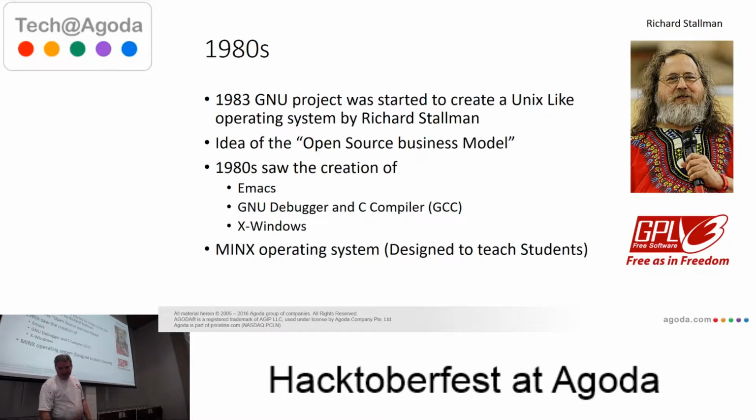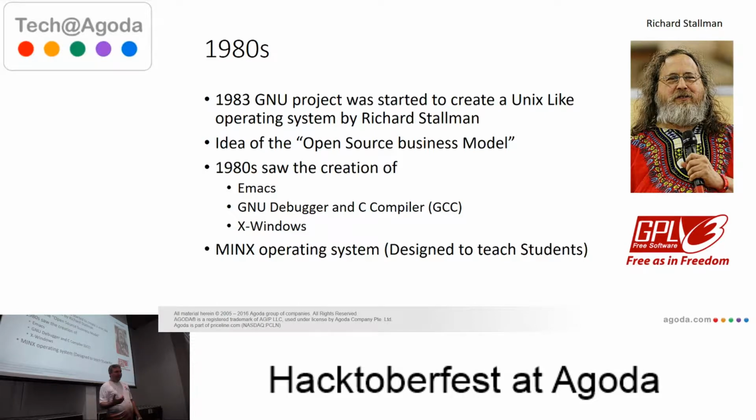In the 1980s is when the GNU project was started. And this was really the start of a lot of the open source stuff. And they also came up with this idea of the open source business model, because a lot of the business community said to these students talking about free software and open source, "You're crazy. How do you make money when you give it away for free?"